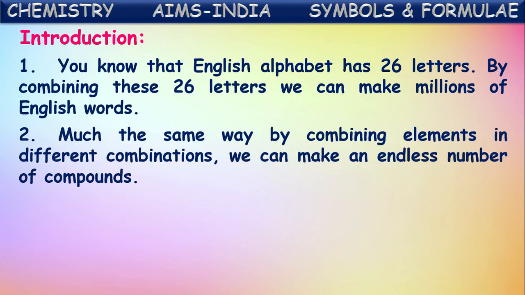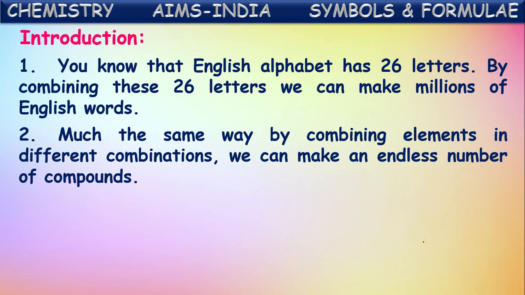In a similar way, in chemistry also, there are only 118 elements. Our scientists have discovered only 118 elements so far. Only these 118 elements combine in different combinations, making an endless number of compounds.